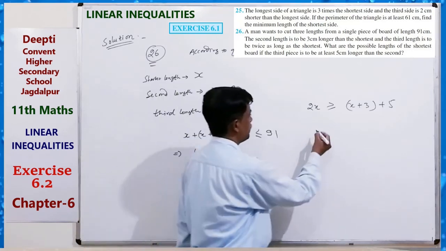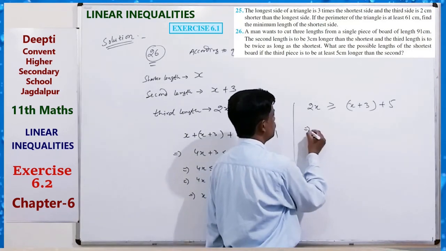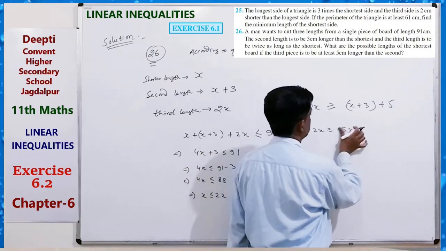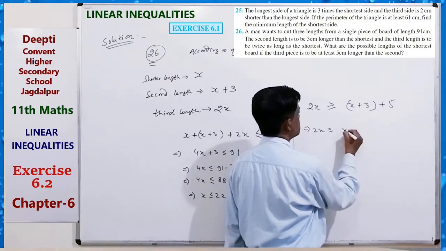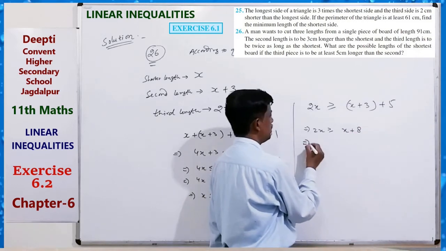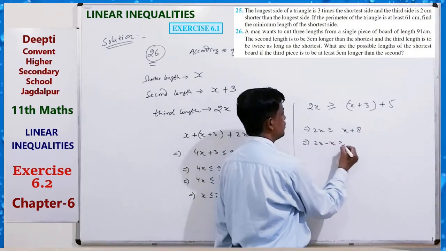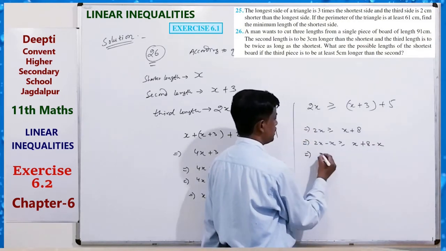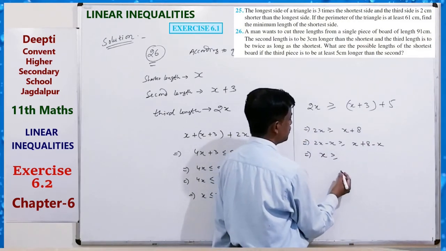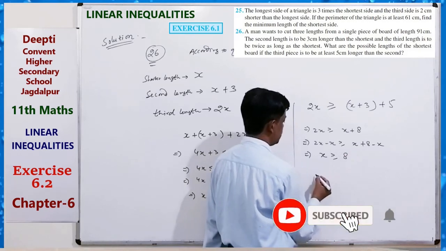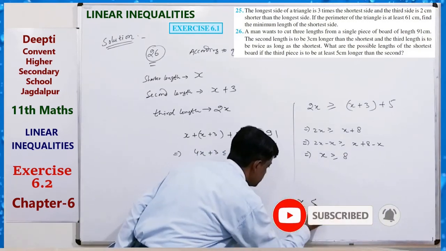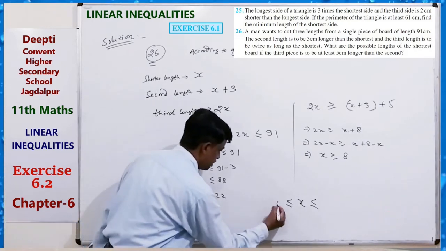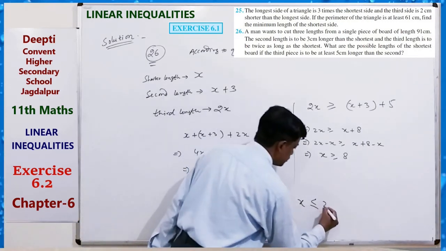And here 2x is greater than or equal to x plus 8, so 2x minus x is greater than or equal to x plus 8 minus x, so x is greater than or equal to 8. So x lies between 8 and 22.